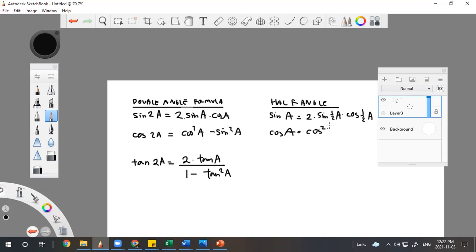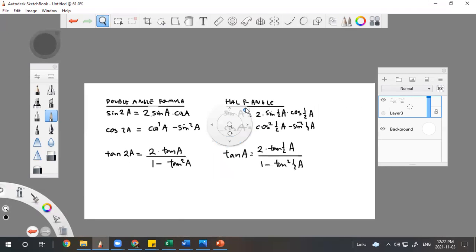It can be written like this, right? And tan A also over 1 subtract tan square half A. This is the connection between the double angle and half angle. I will print screen. I will send this to you.